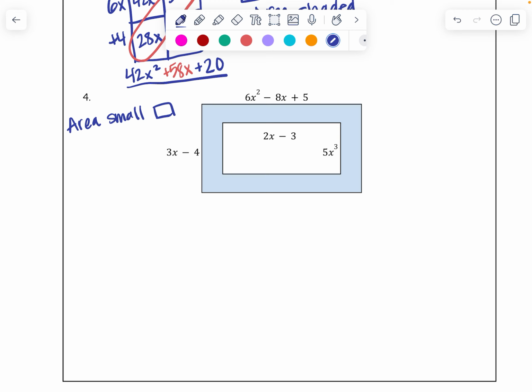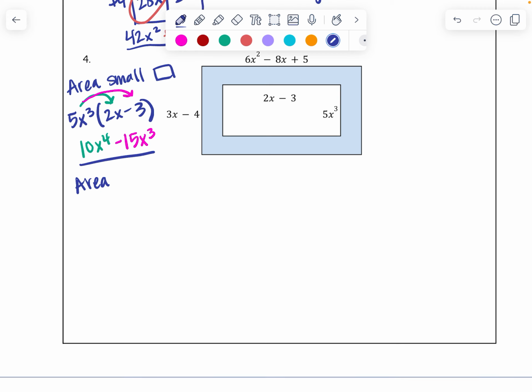So that's 5x cubed times 2x minus 3. So 5x cubed times 2x is 10x to the power of 4. 5x cubed times negative 3 is negative 15x cubed. So that's the area of the small rectangle.